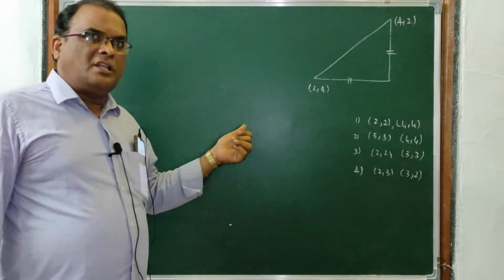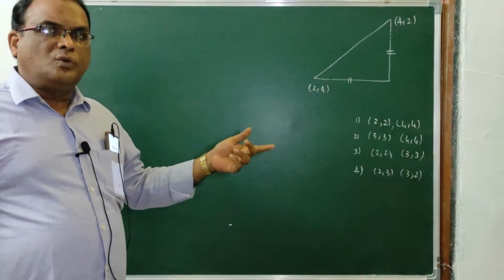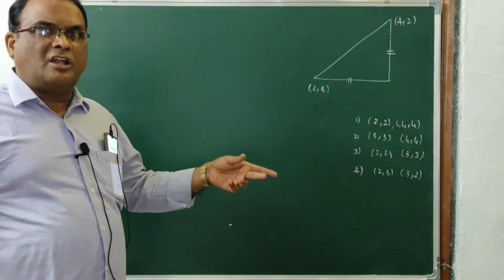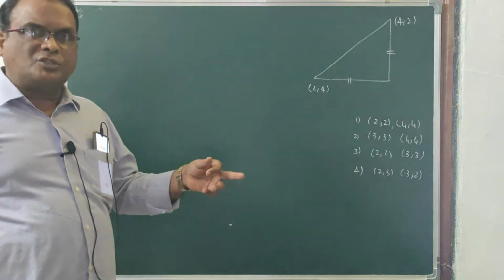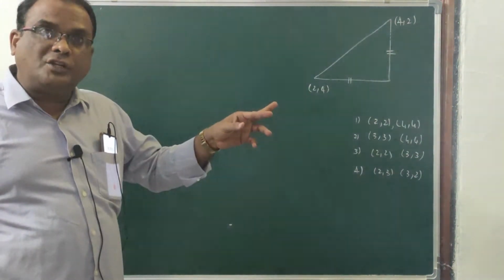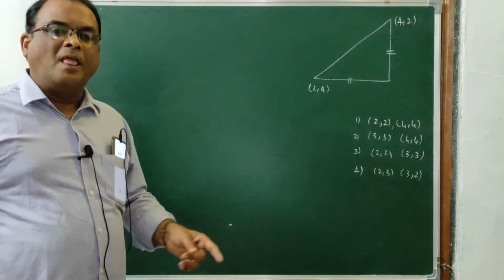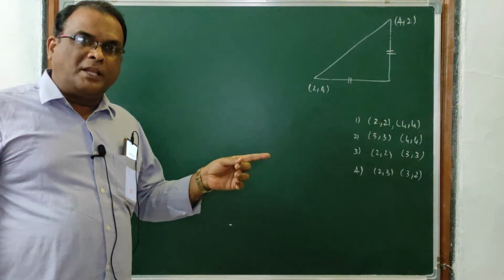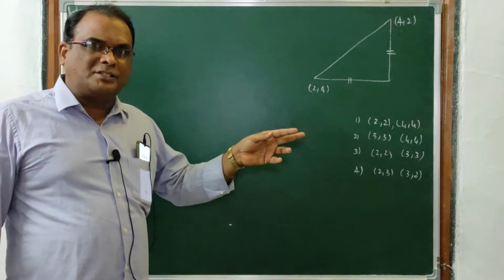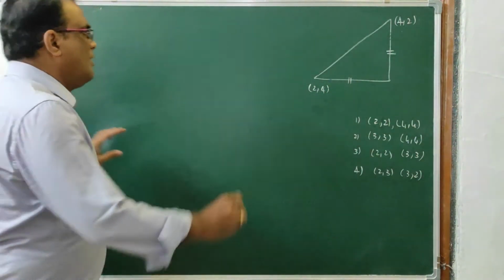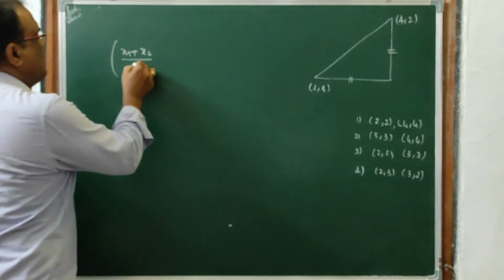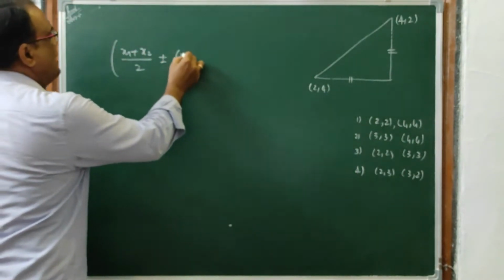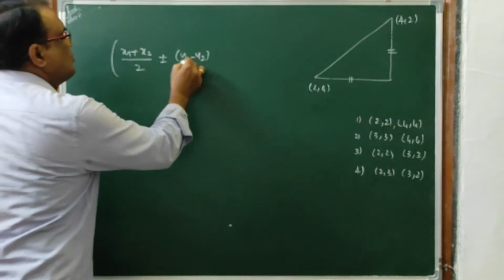In the previous question, I taught that if two vertices of an equilateral triangle are given, then the third vertex formula is (x1 + x2)/2 ± √3 (y1 - y2)/2, (y1 + y2)/2 ∓ √3 (x1 - x2)/2. Clear? Here, the third vertex is (x1 + x2)/2 ± (y1 - y2)/2, (y1 + y2)/2 ∓ (x1 - x2)/2.